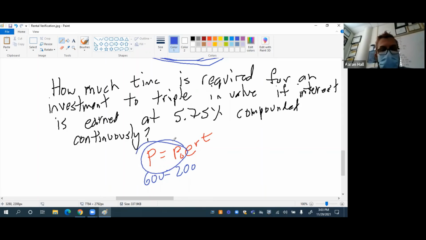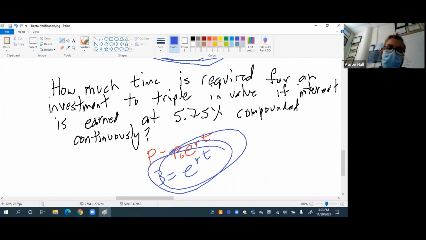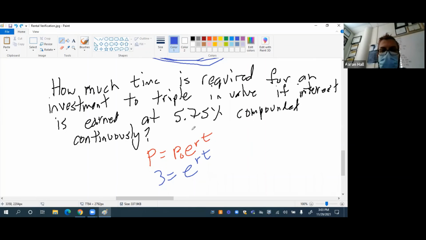No. What should this divided by this give me? It should give me 3. It should always give you 3. Okay, so that's going to give me 3 equals e to the r t. Anything else we can fill in here? All right, my rate. What is my rate?